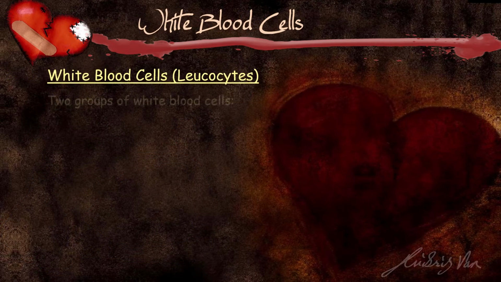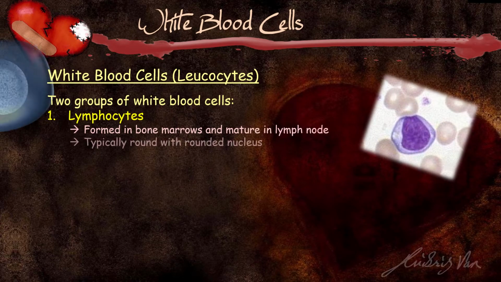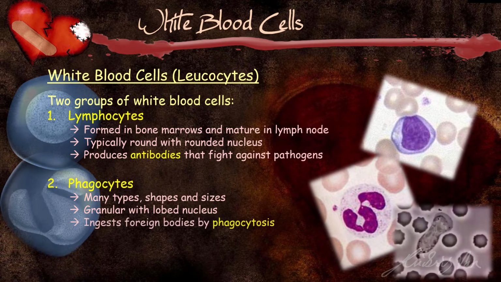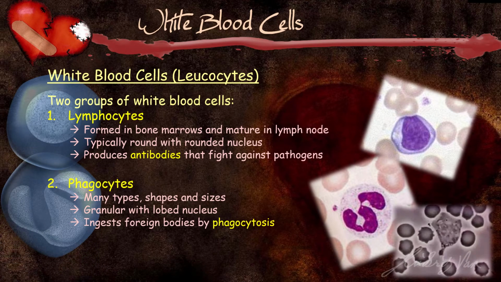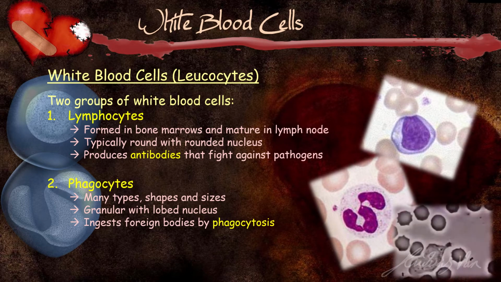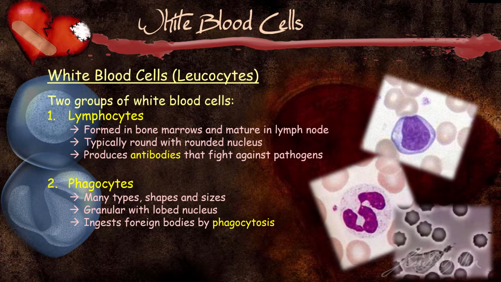So as mentioned, there are mainly two types of white blood cell: the lymphocytes, which produce antibodies, as well as phagocytes that are involved in phagocytosis. So for your O-level syllabus, you just need to know white blood cell. White blood cell produce antibodies, and white blood cell are involved in phagocytosis.